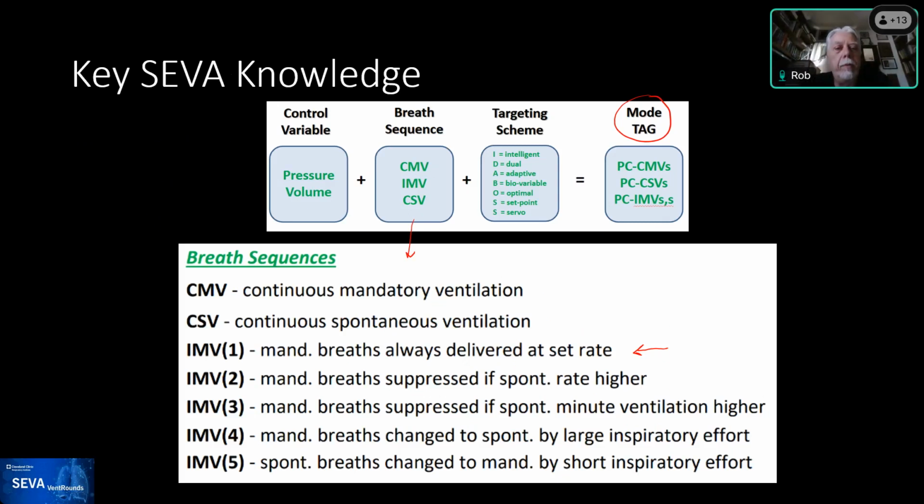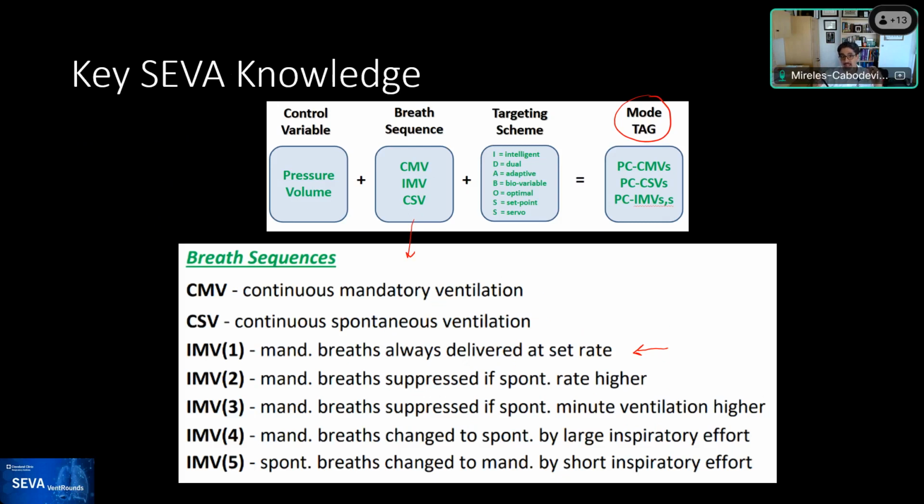Correct. It's very tricky because you have to read the manual to understand this. And then there are some hints when you're looking at the screens with the control screens, and we'll go over that. But it's not immediately evident to you. And this is where I think the taxonomy helps us understand at least what the ventilator will be doing.